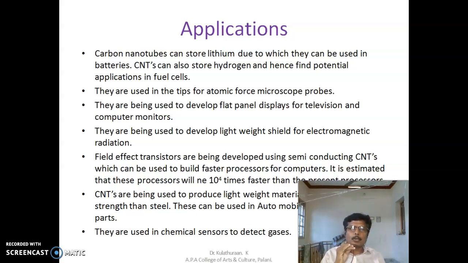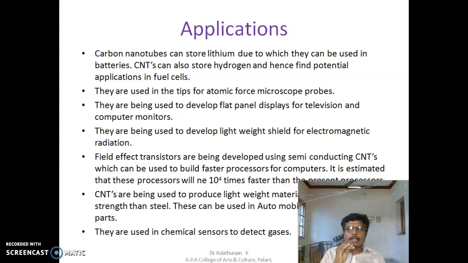They are being used to develop large flat-panel displays for televisions and computer monitors. They are also being used to develop lightweight shields for electromagnetic radiation. And they are also used in the field of semiconducting materials.